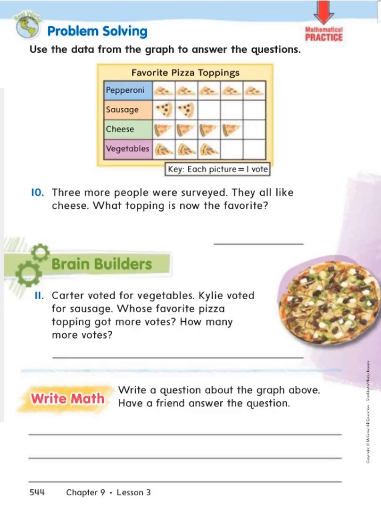Okay, now you've got another graph. Oh, it's pizza again. This is driving me crazy. Look at number 10. 3 more people were surveyed. They all like cheese. What topping is now the favorite? Think about that. 3 more people were surveyed, and they all like cheese.